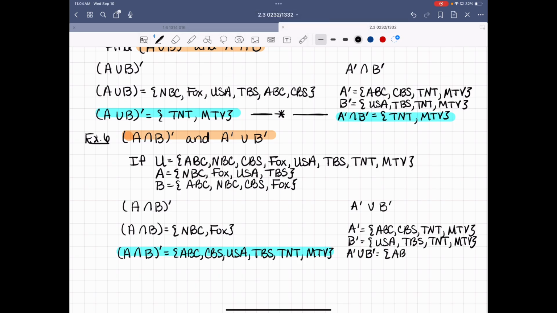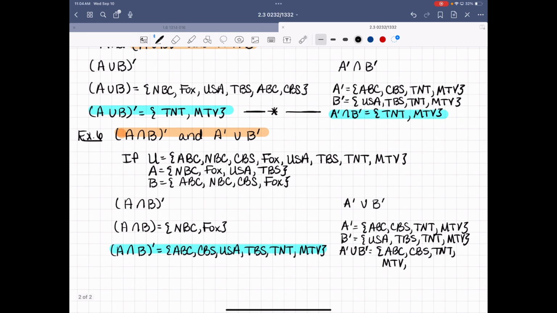ABC, CBS, TNT, MTV. Do I really not have more room? No, I really don't have more room. Then I'm ready for B complement: USA, TBS, and I've already written TNT, and I've already written MTV, correct?